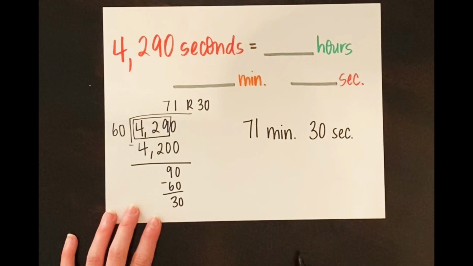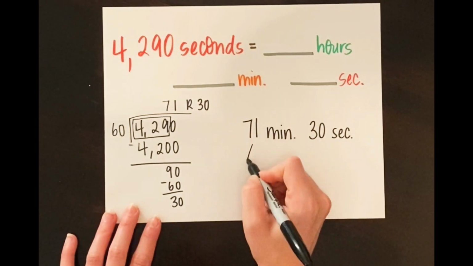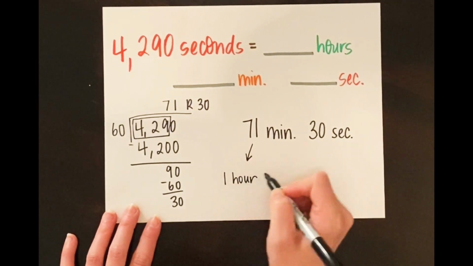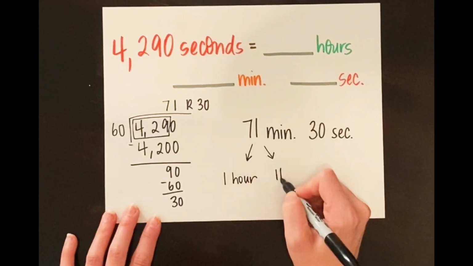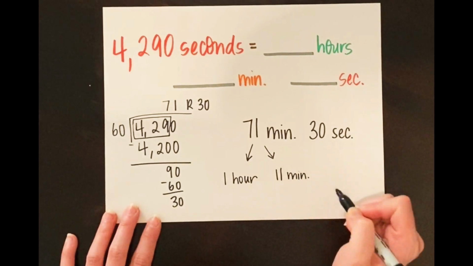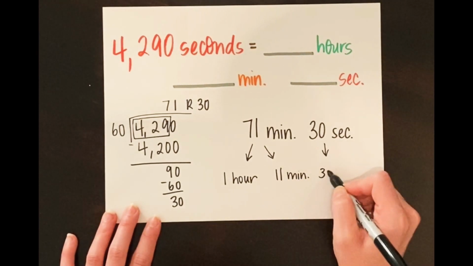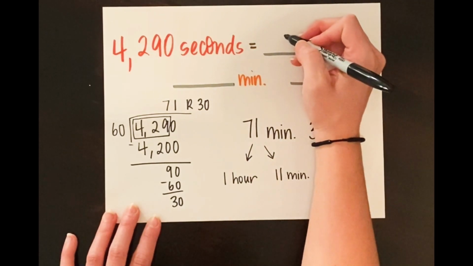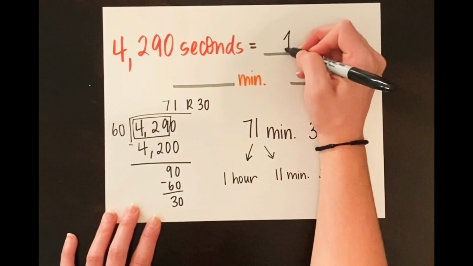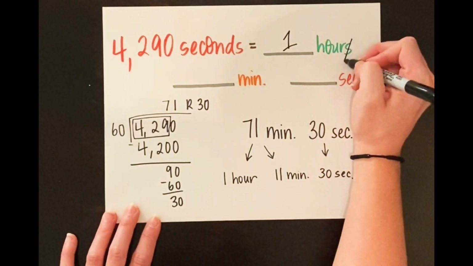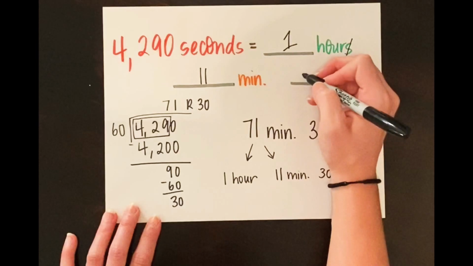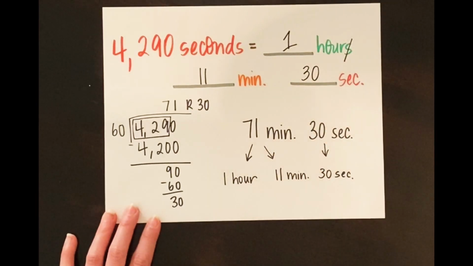Well, I know it takes 60 minutes to make 1 hour. So this 71 minutes is the same as 1 hour. I have 11 minutes left over, and then I still have my 30 seconds. So 4,290 seconds is the same as 1 hour, 11 minutes, and 30 seconds.